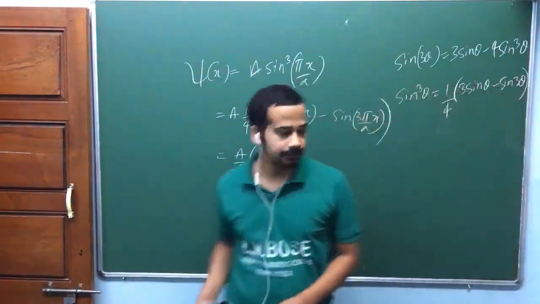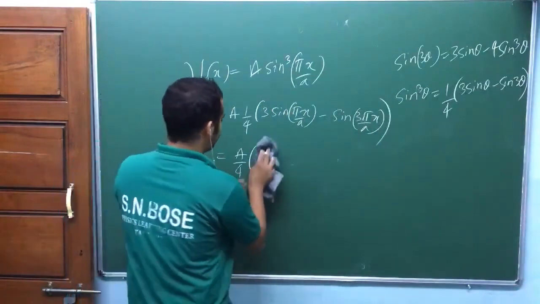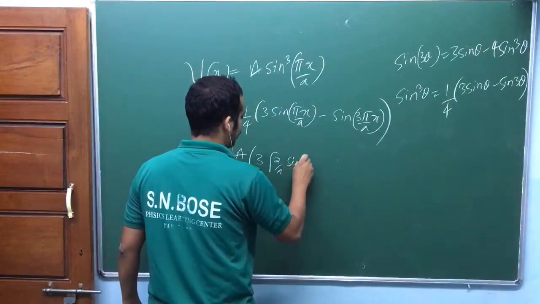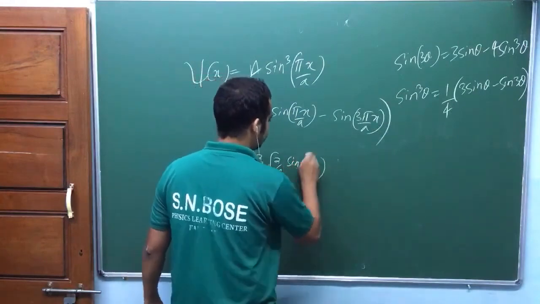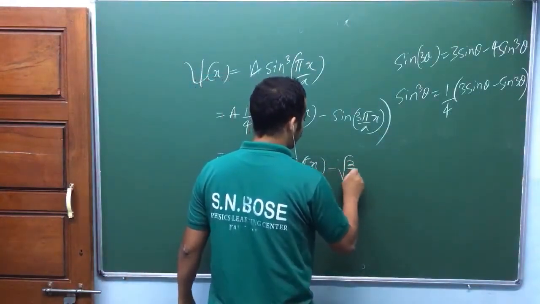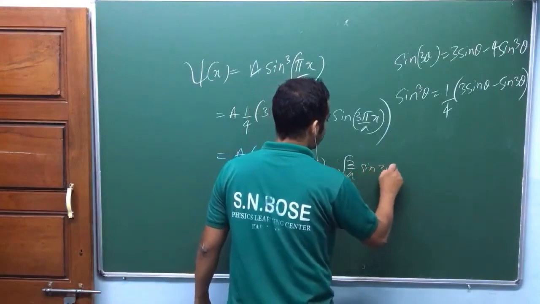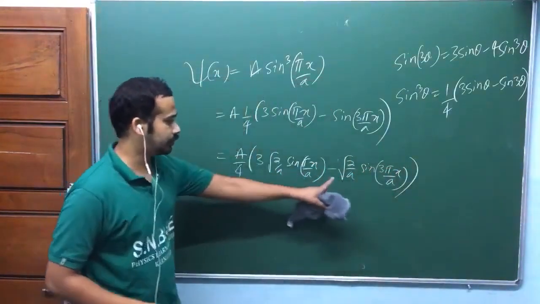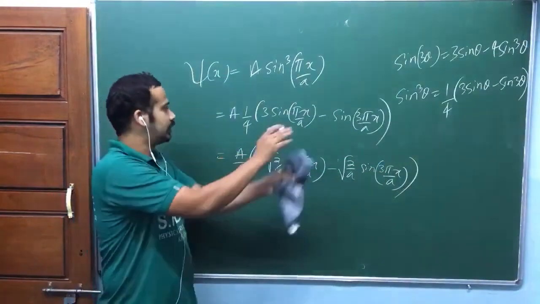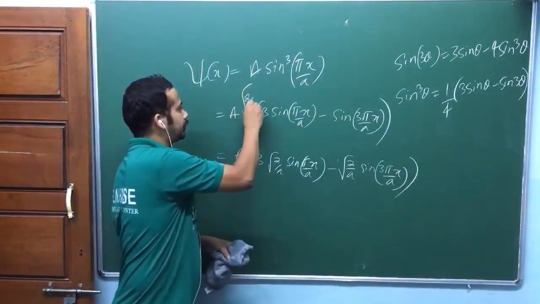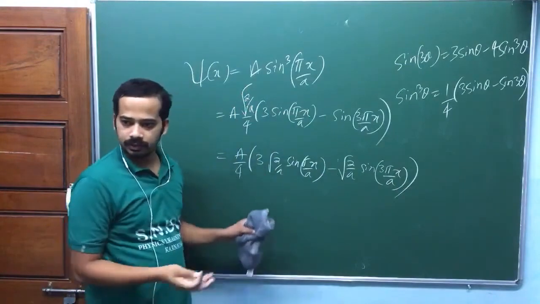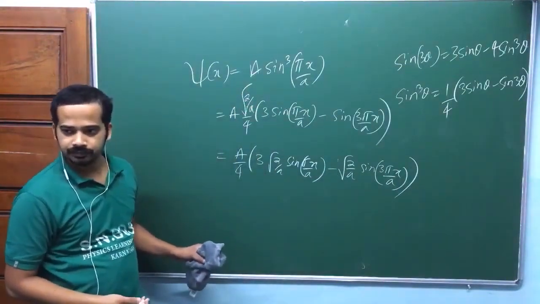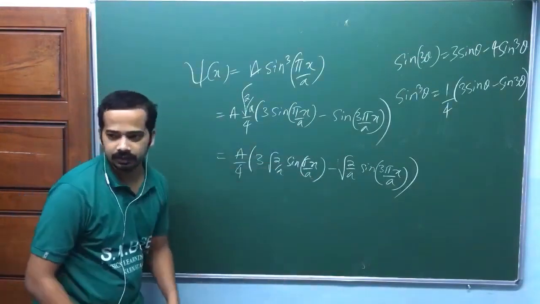So that's why, what I did was, I just took root of 2 by a sine pi x by a minus root of 2 by a sine 3 pi x by a. Is that okay? I have thrown in the same factor. I mean, the whole thing I have multiplied with root of 2 by a. That's okay. I just throw in the factor.